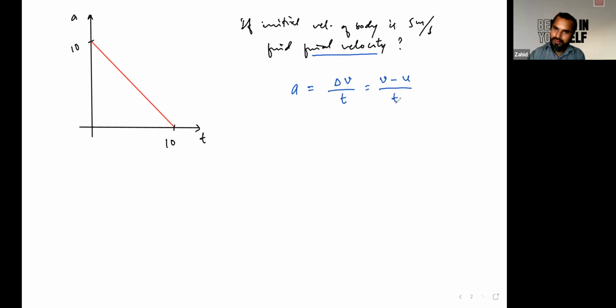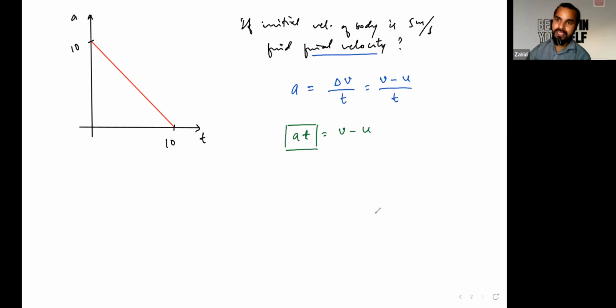Now, if you bring this t to the left hand side, it becomes a into t equals v minus u. Now, we have to define this quantity using this graph. I had explained once, if a quantity is related by the product of any two different quantities, it would be represented in three different ways. First, if numerical values are given, just multiply them.